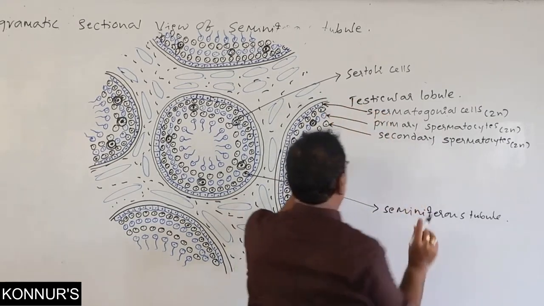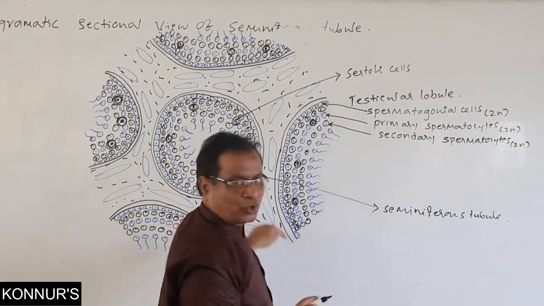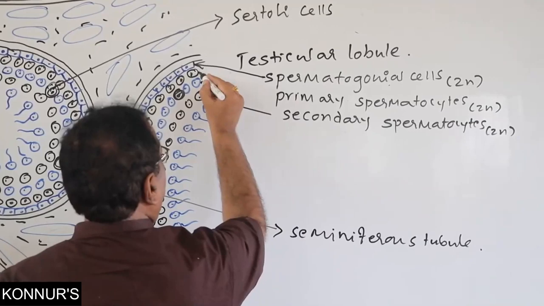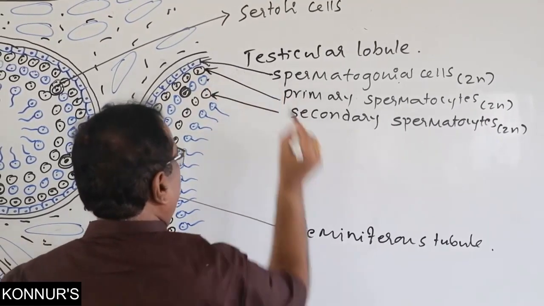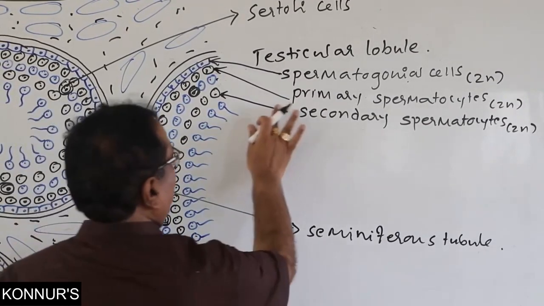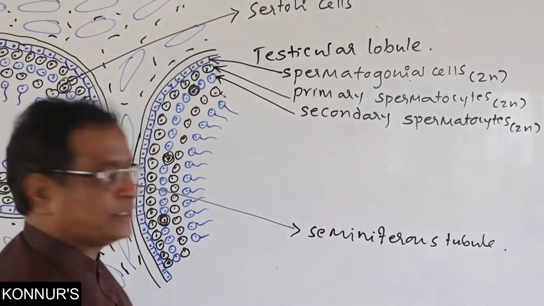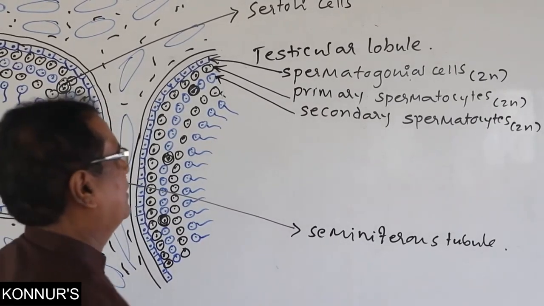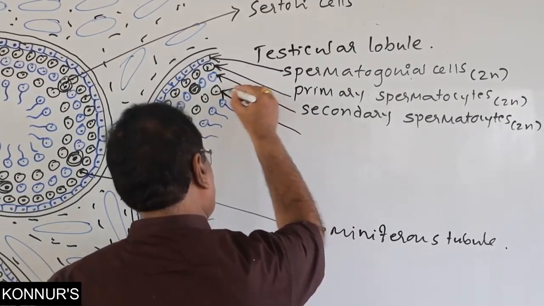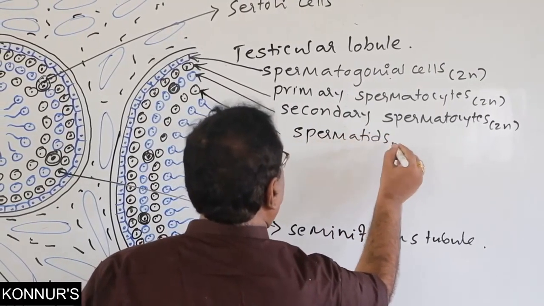I have made a little mistake in the marking. Spermatogonial cells are in the first row. Next to that, from them, are primary spermatocytes, and from primary spermatocytes there are secondary spermatocytes, and when they undergo meiosis second, the next generation of cells is spermatids.